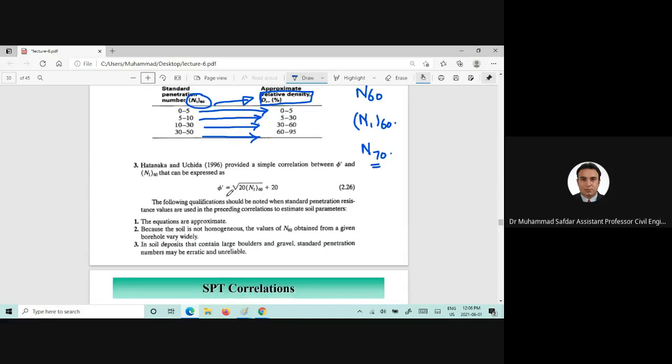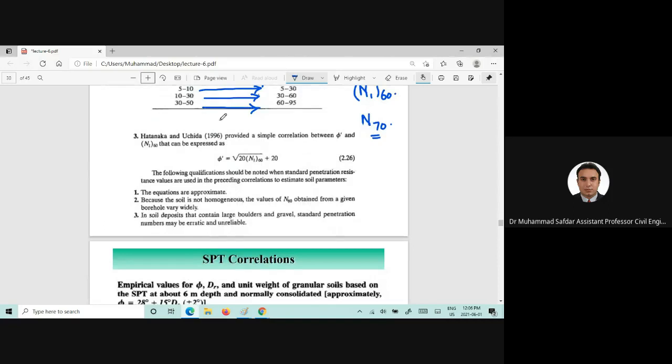There are other correlations also given. So if you want to find the friction angle, you can use this correlation, which uses N160. And if that value from the standard penetration test is given, you can easily find the effective friction angle.